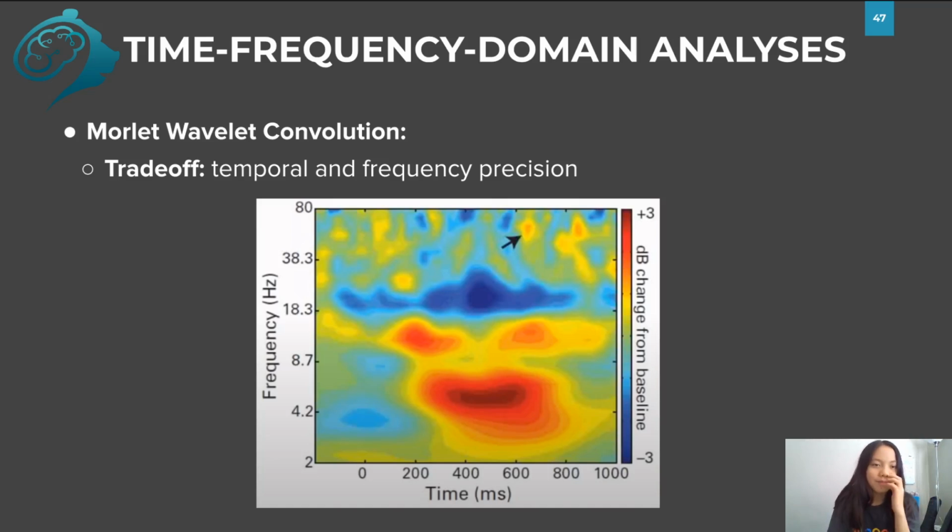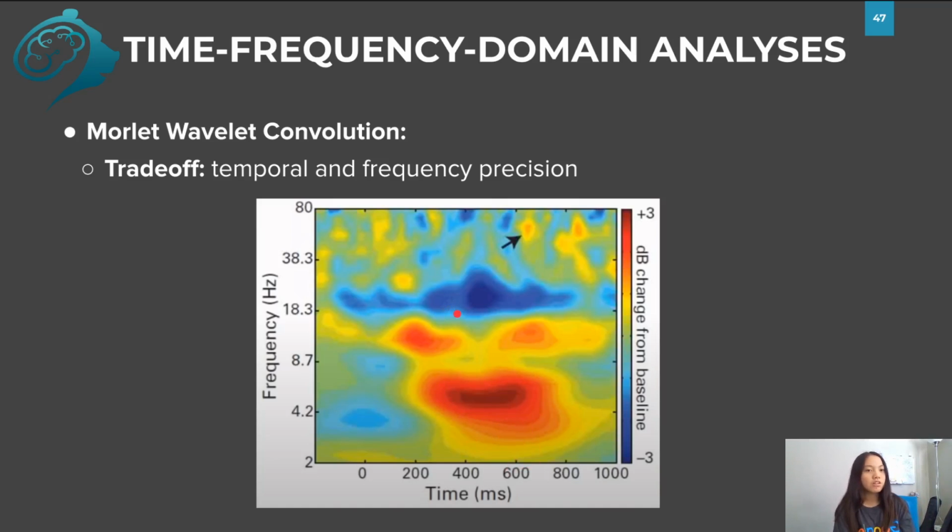But anyways, with time frequency domain analysis, we can have plots such as this, where you can see time on the x-axis and frequency on the y-axis with smaller numbers corresponding to slower oscillations and higher frequency numbers corresponding to faster oscillations. And the color or the depth in the plot corresponds to a variety of features that we can obtain using a time frequency based approach.